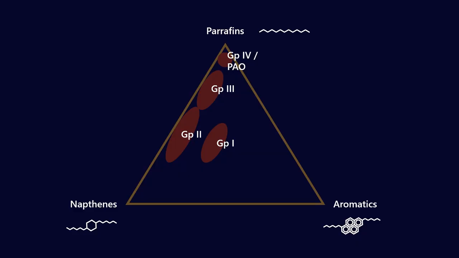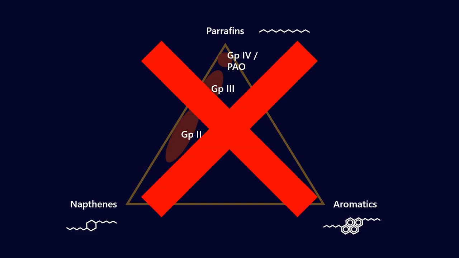And we said that the process of refining from a group 1 to group 3 is to get slowly more paraffinic in composition. And group 4 PAOs represent in some ways the end point of that refining process, in that they are purely paraffinic. Now this paradigm doesn't really apply to ester synthetic base stocks, right? You can't really categorize them in this way.